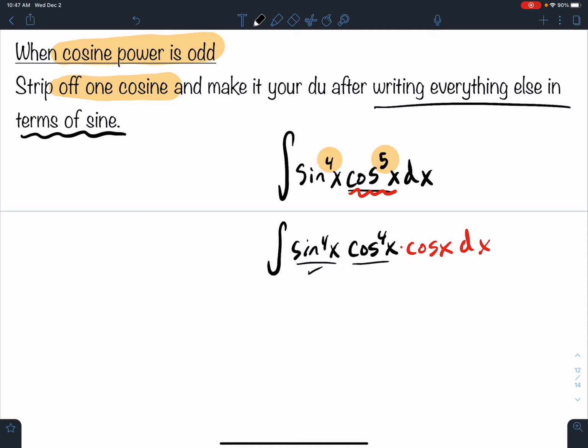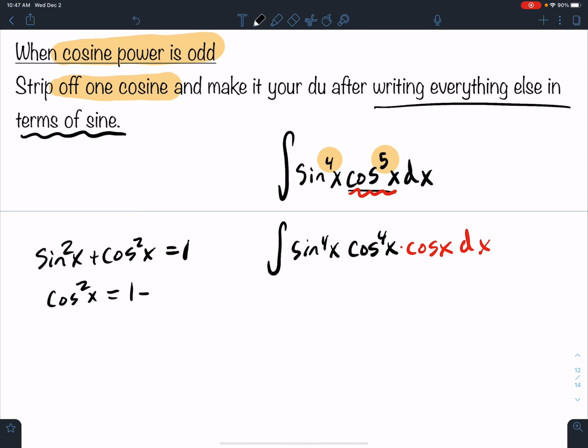When I think of even powers of sines and cosines, I'm thinking Pythagorean identity. So Pythagorean identity, sine squared x plus cosine squared x equals 1. And so if I solve for cosine squared x, I get 1 minus sine squared x, okay?